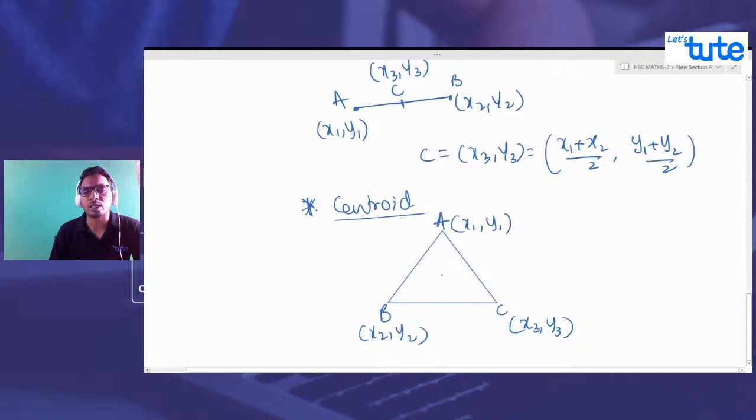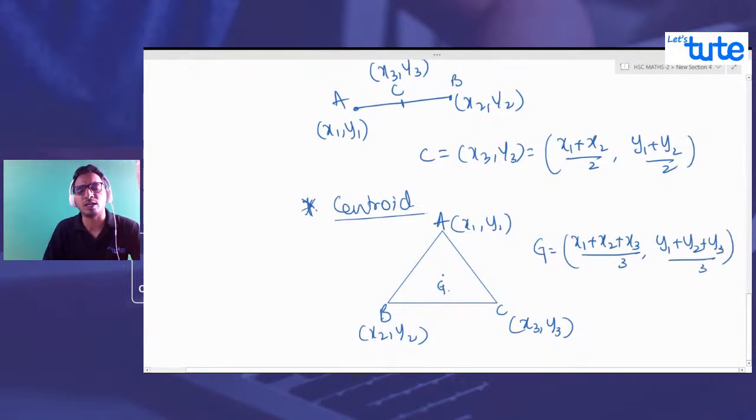Suppose this is the centroid. Generally we call the centroid G, and the coordinates of G can be figured out using the formula (x1 + x2 + x3) divided by 3, (y1 + y2 + y3) divided by 3. So this is the formula for finding the centroid of the triangle.